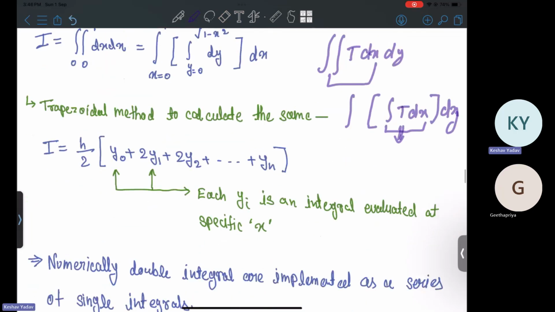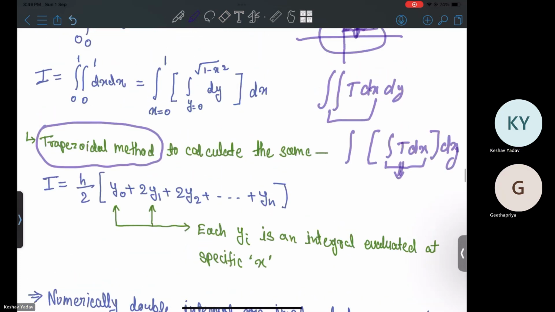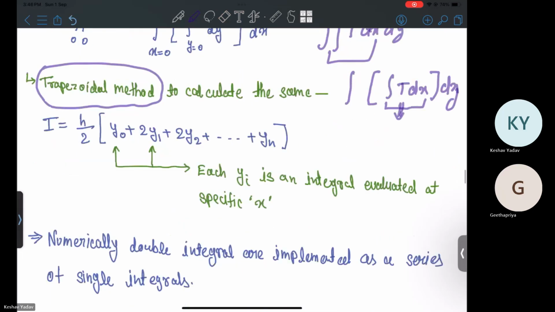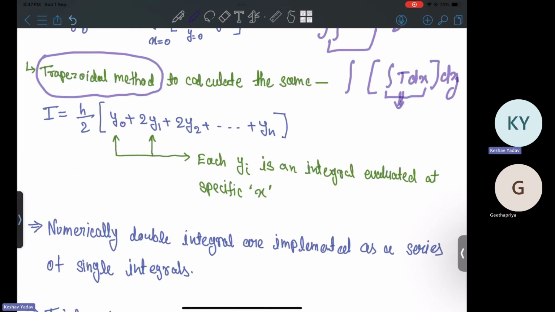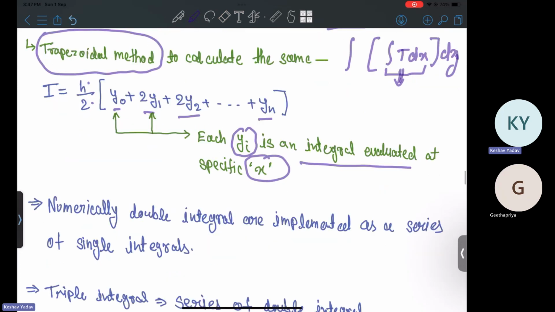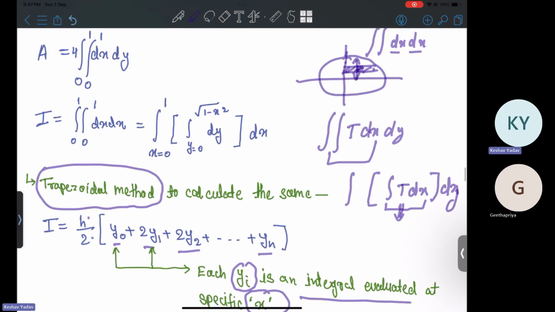This can be done numerically as well. Suppose I am using the trapezoidal method. Suppose first I have integrated with only y. So I have found h by 2 of y0 plus 2 y1 plus 2 y2 up to yn, and these yi's are the integral evaluated at a specific x.